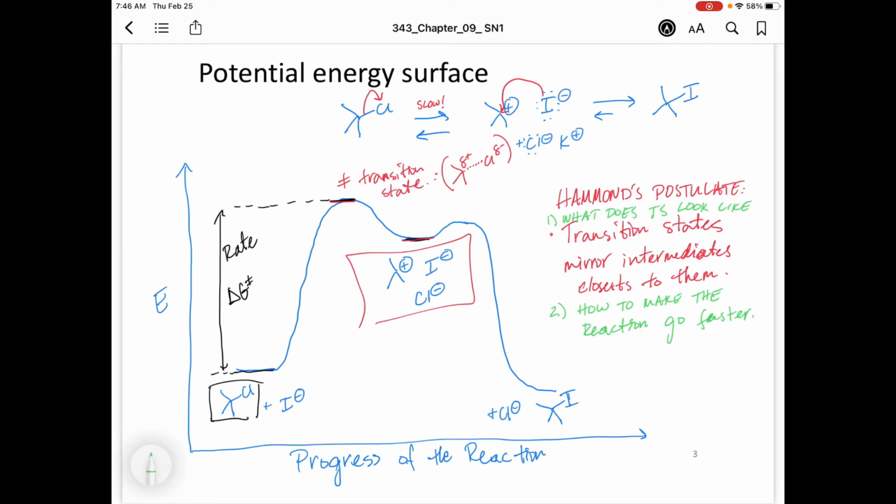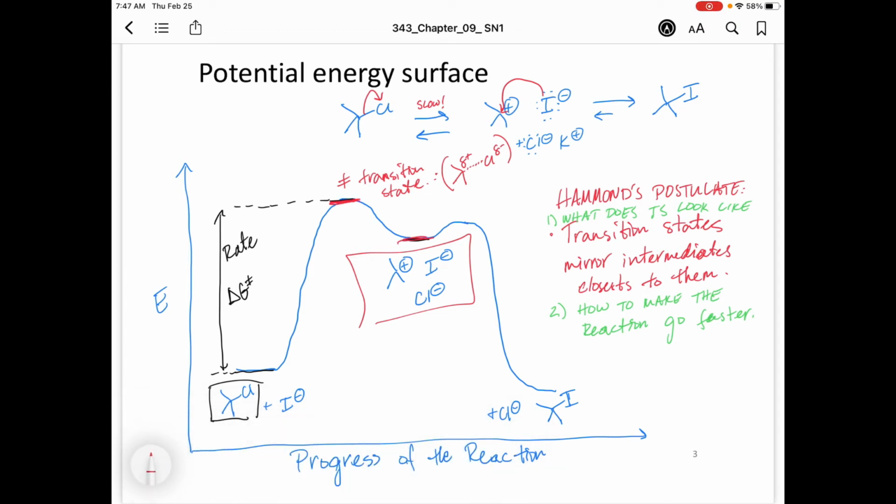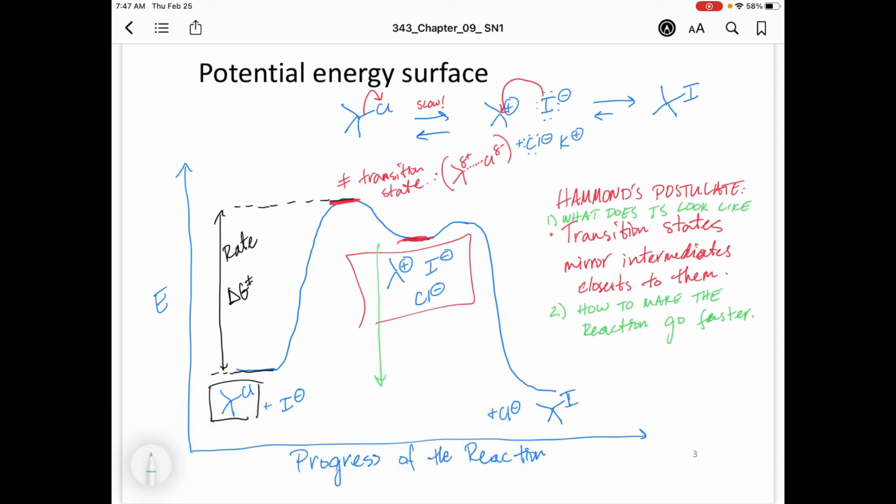All right, so let's think about this. If the transition state looks like the carbocation and it mirrors this, the energy of the transition state is very near this intermediate. If the energies are similar, if you can lower or stabilize this, then the reaction goes faster.